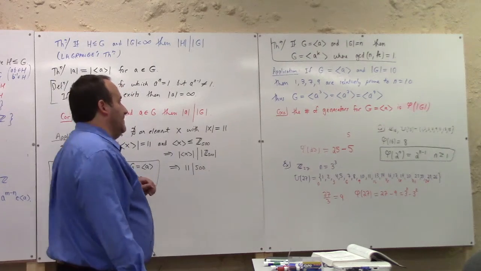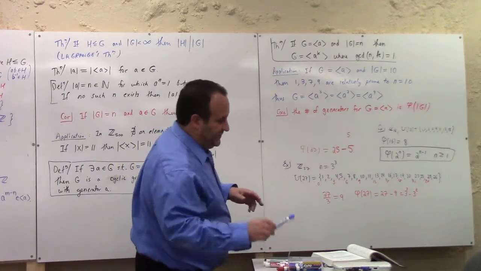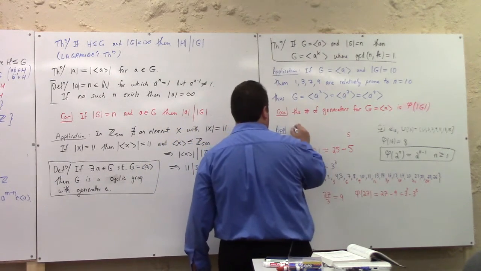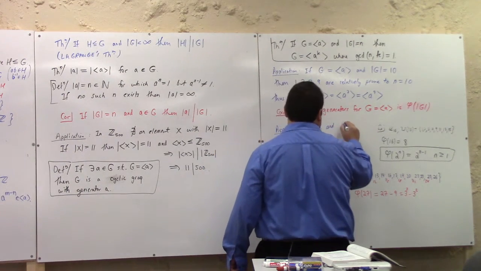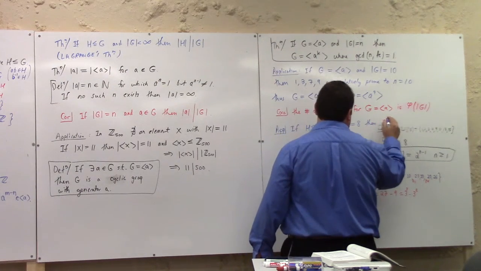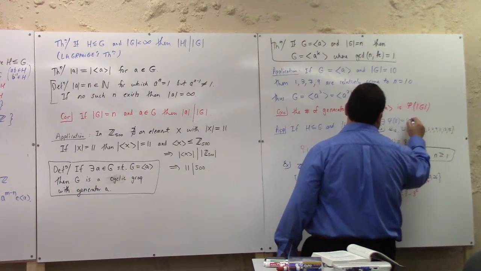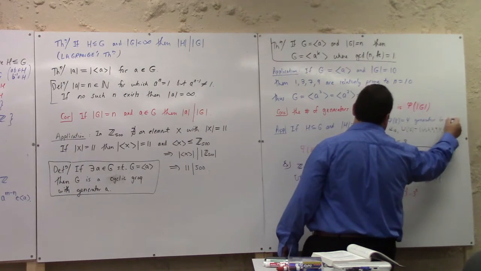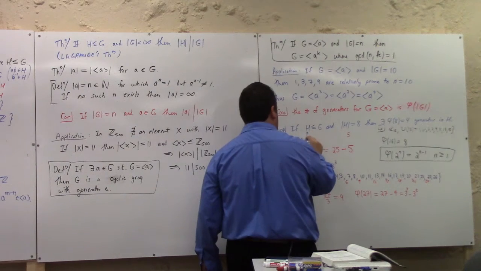Okay? For example, here's another application just before I leave this. If H is a subgroup of G and the order of H is equal to 8, then there exist phi of 8, which is equal to 4, generators in H. And I do mean to say, I'm sorry, I need to say cyclic.